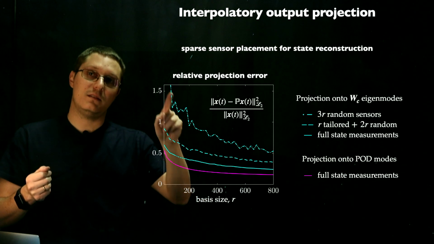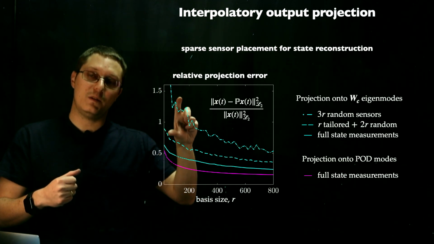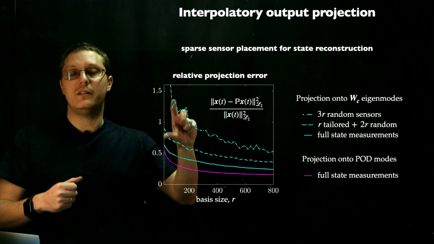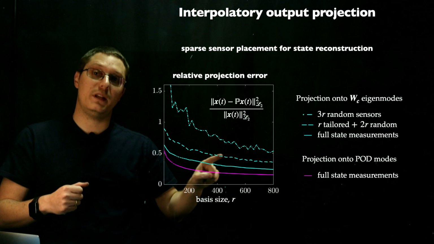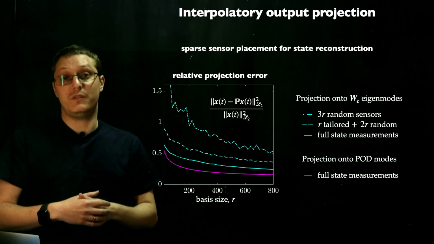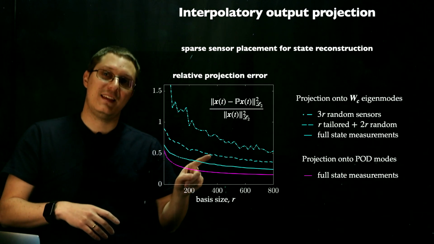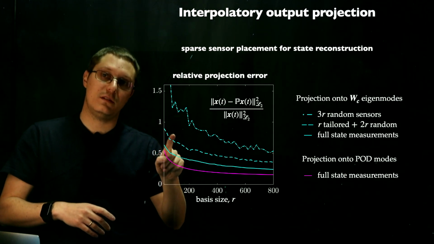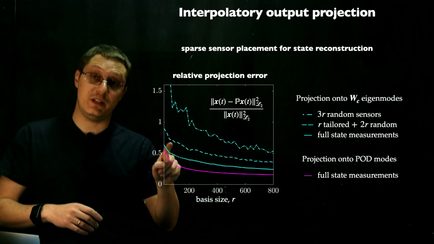And well, the reconstruction error is not great, but we gain a lot. We reduce the error drastically if we use these strategically placed sensors with pivots selected by the pivoted QR algorithm. Okay, so this is how we do with the sparse sensor placement algorithm.